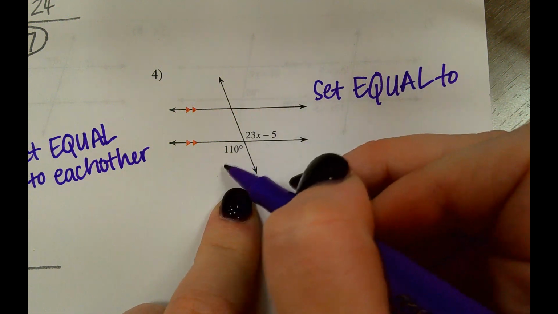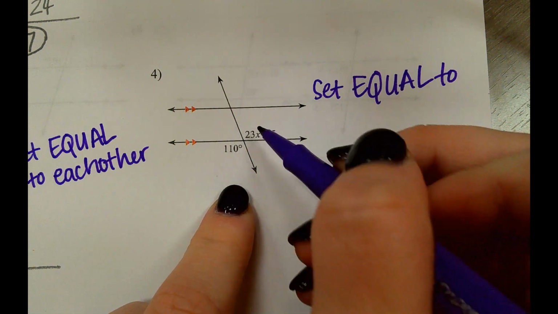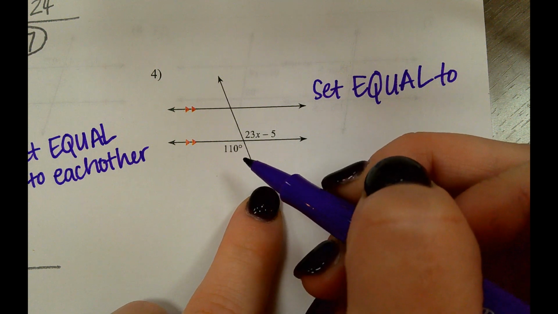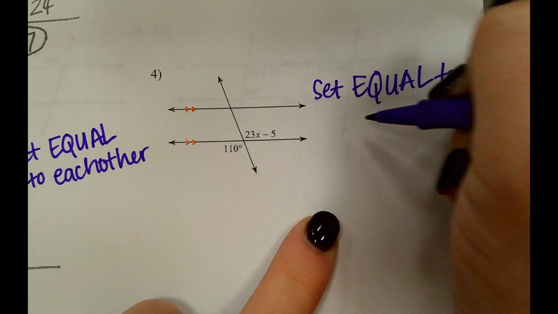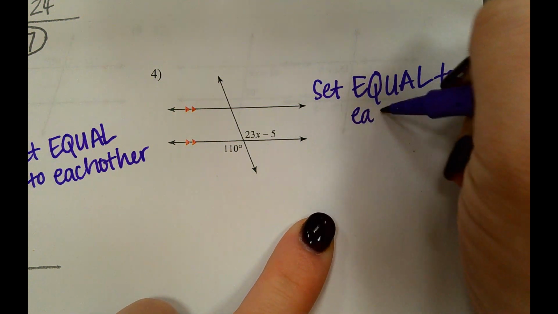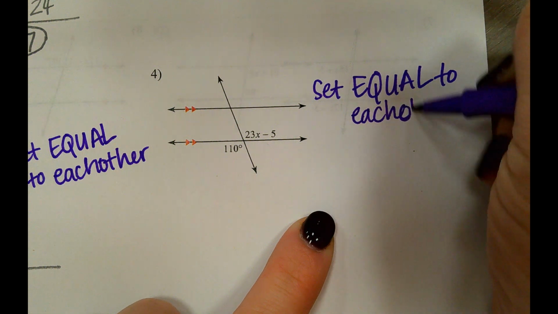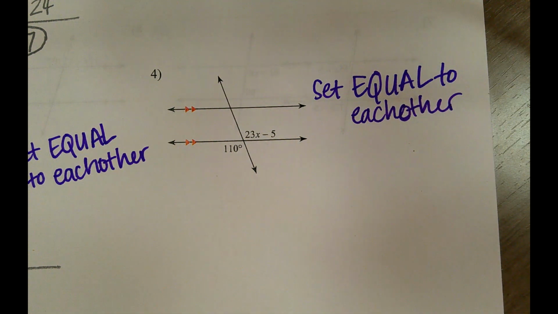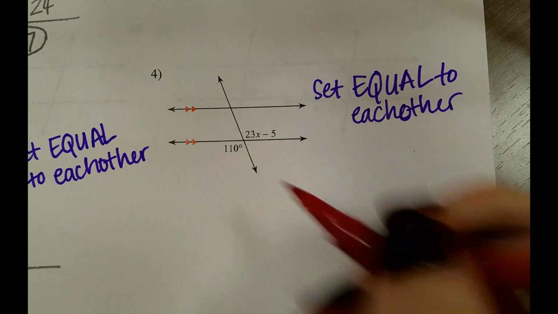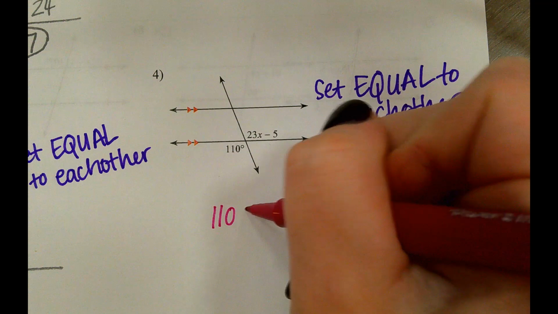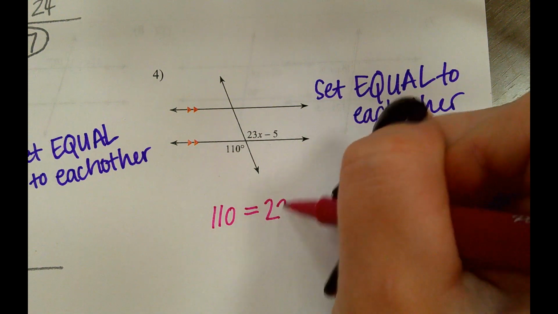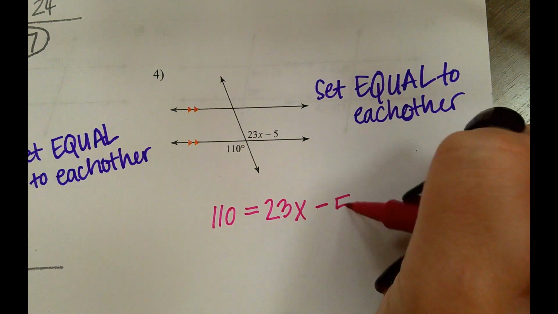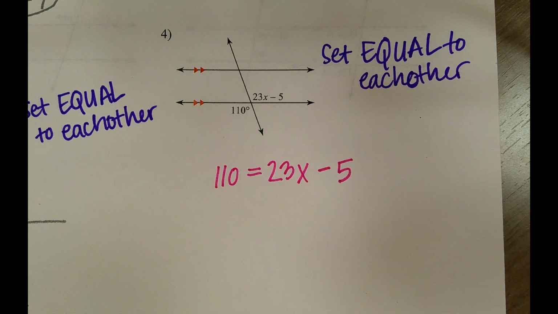They are right across from each other, so they're vertical angles. Vertical angles. So they're equal. Okay, so what equation should we write to solve for x here? Yes, 110 equals 23x minus 5. Perfect. So we've got our equation set up.